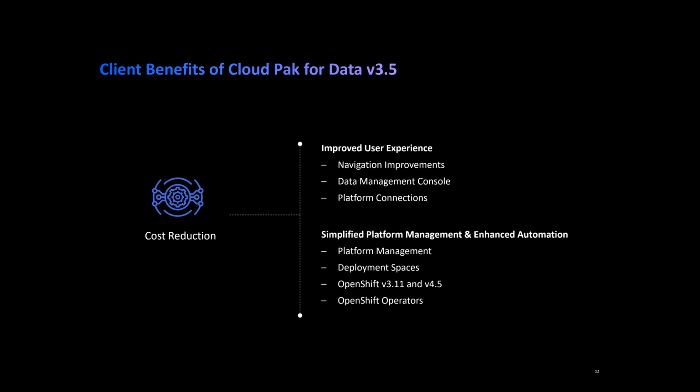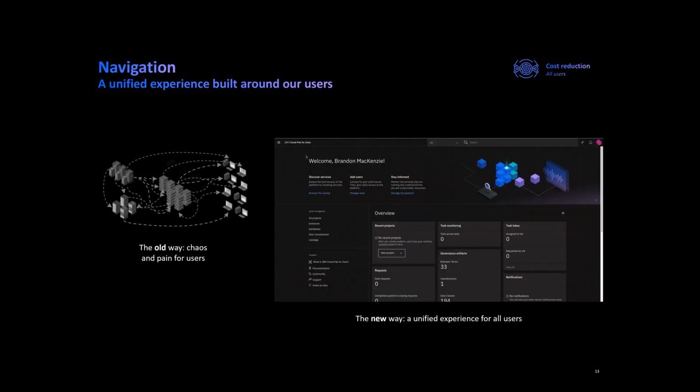If you're an OpenShift person, you know what that means. Right. So navigation. What's nice about it is, again, it's all web-based. So there's nothing to install on anybody's PC. All you need is a browser or URL and credentials to log in. It's a unified experience. So this one interface has everything.